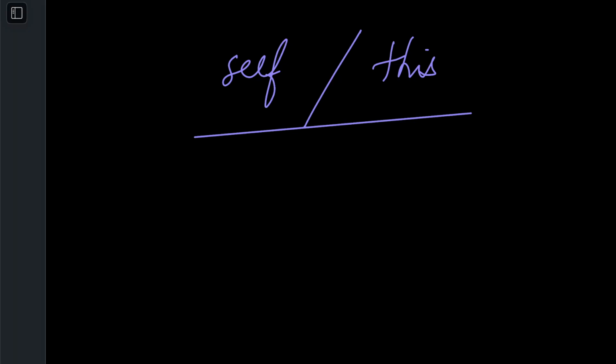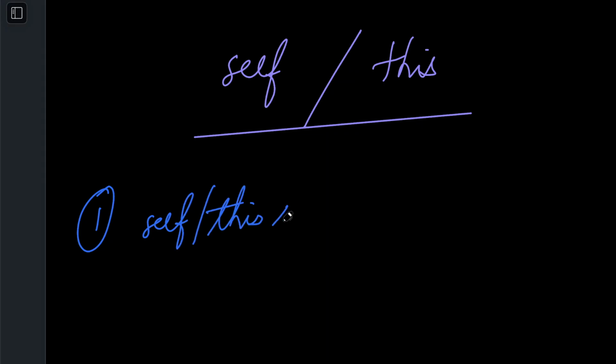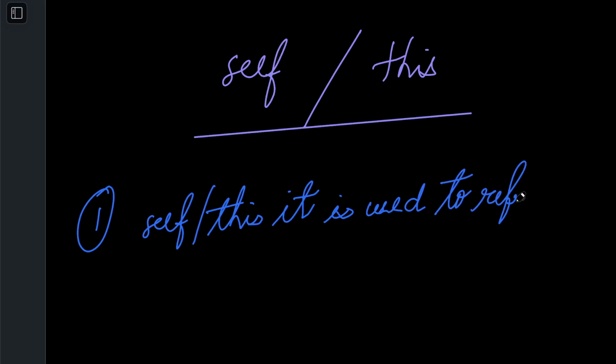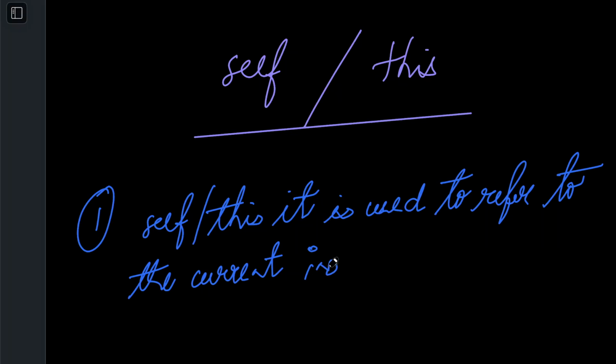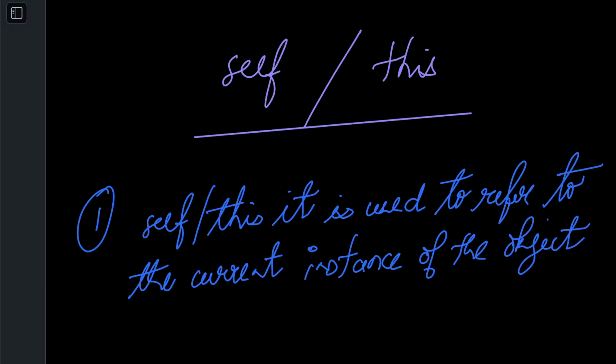The meaning and the usage are the same. The self is used to refer to the current instance of the object.